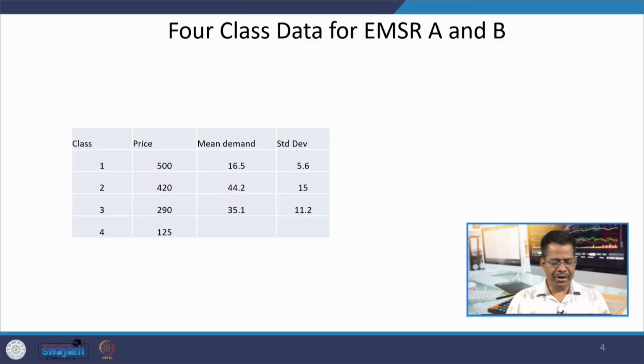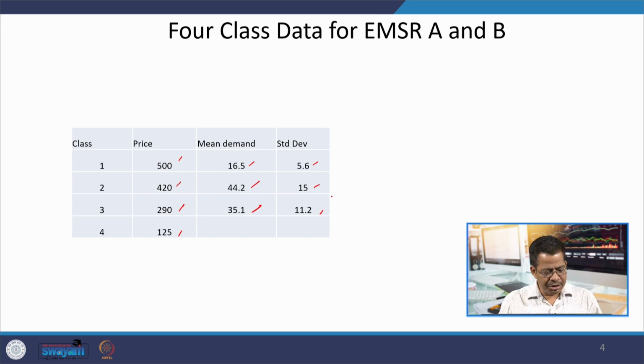So, as we already have this data from our previous class, we have 4 classes and the applicable fares are 500 rupees, 420 rupees, 290 and 125. We have the data available for the mean demand of each class, and their standard deviation is also available.